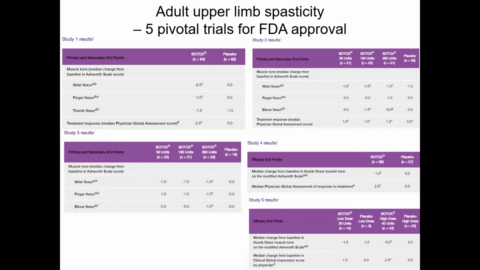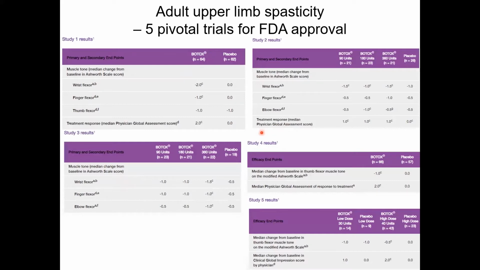Preliminary studies for reducing spasticity were conducted, and Botox for upper limb adult spasticity was approved by the FDA based on these 5, maybe phase 2 clinical trials.